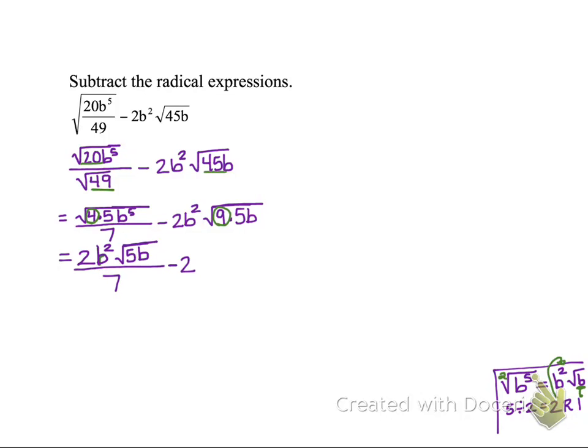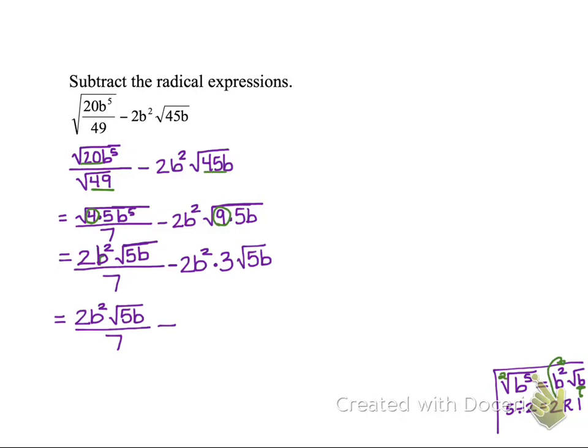Then I'm going to get minus 2b squared, but I'm going to multiply that by whatever I can simplify out of this next radical. 9 is a perfect square, so that simplifies as 3, but underneath the radical sign, 5b remains as the radicand, because 5 is not a perfect square, and b is not a perfect square, so that doesn't change.